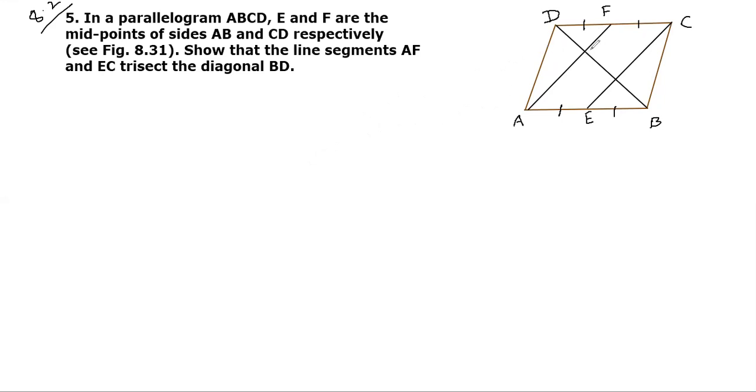Trisect means, suppose this is point P and this is point Q, we have to show DP is equal to PQ is equal to QB.